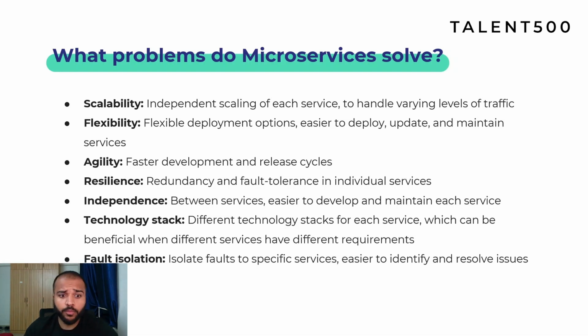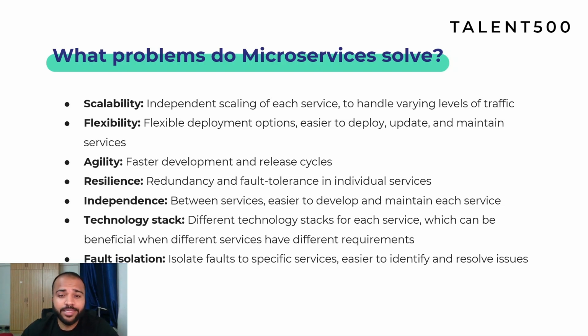You need to make that individual service scale much more than your orders, right? So let's say only 10% or 5% of the scrolling results in actual orders. So your orders microservice will be scaled much less compared to your products microservice.